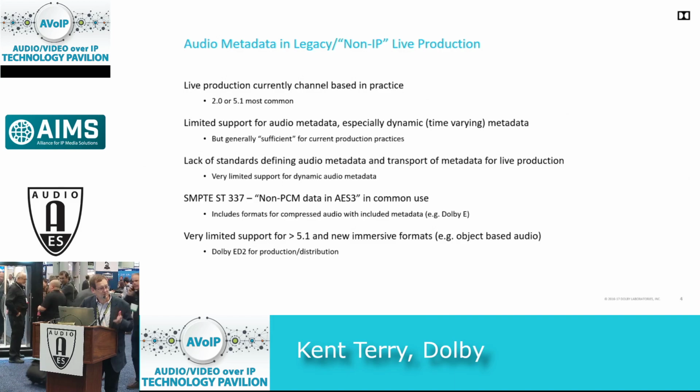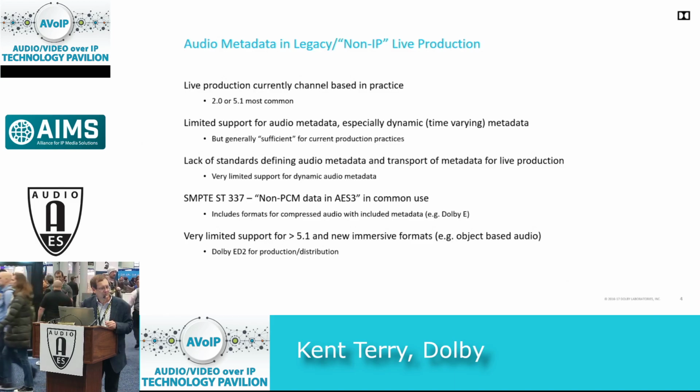In current workflows, as of now, we're starting to get into it, but what we've been facing for the last few years is a structure for live production where basically stereo and 5.1 are the norms. It's hard to get anything in live production above 5.1. And in our experience with metadata, it's really hard to get metadata to work in these systems from an audio standpoint.